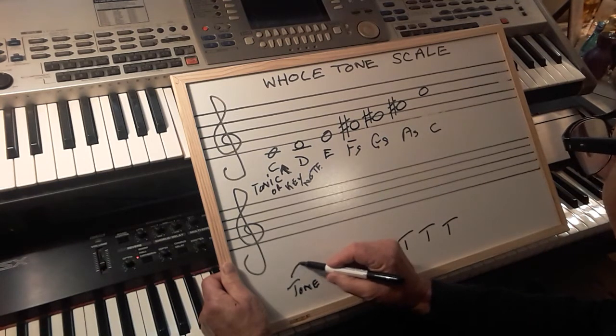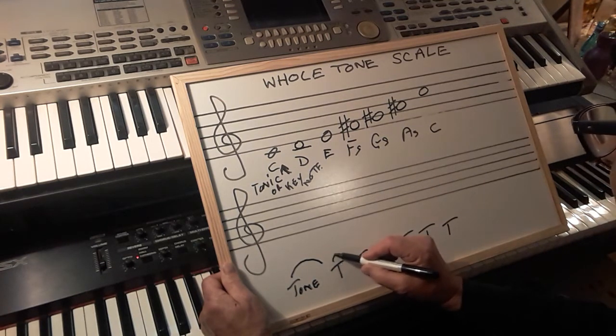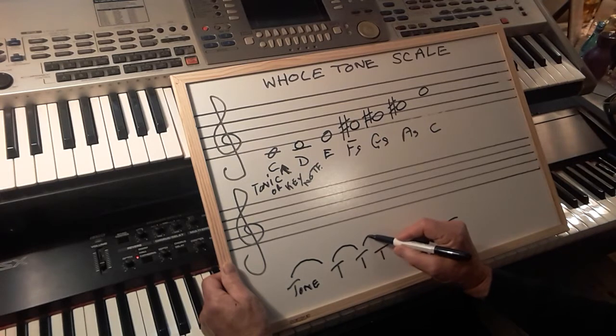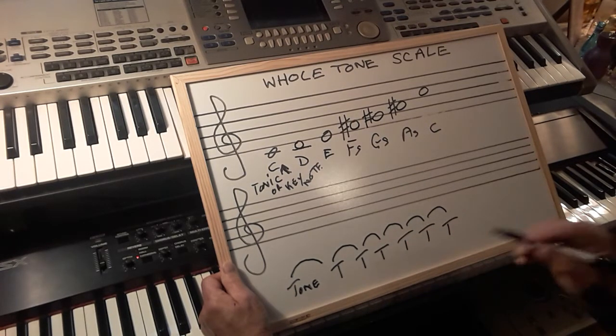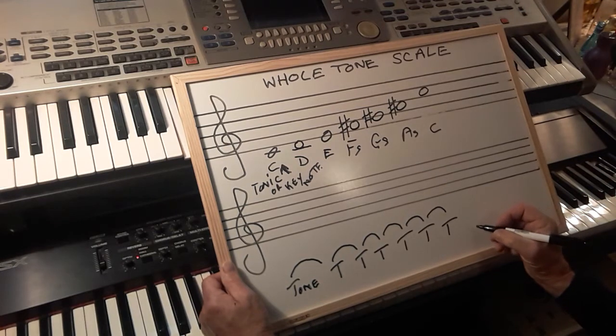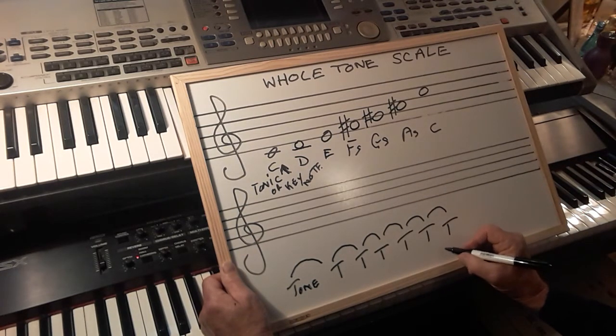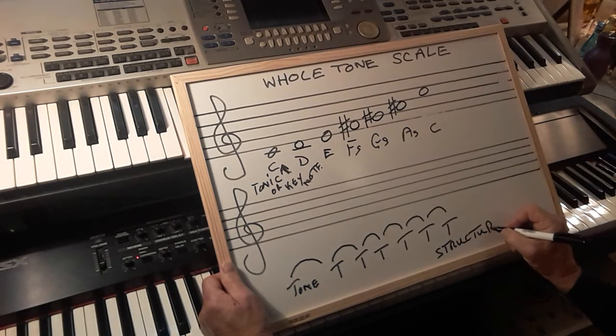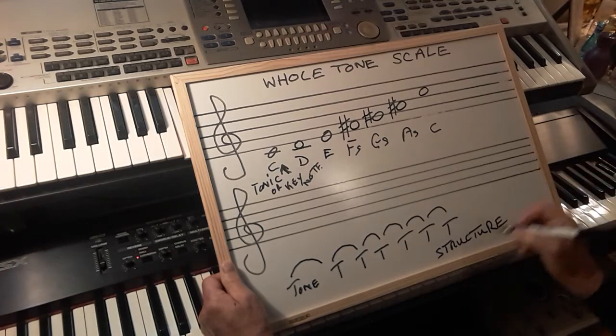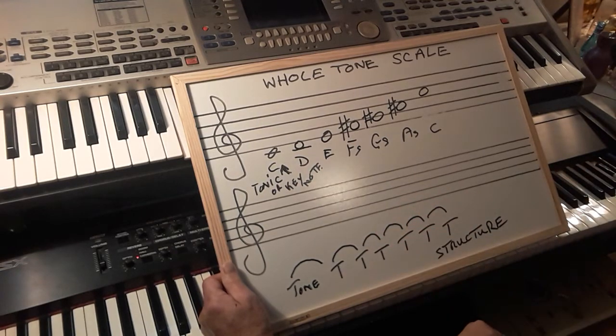From there to there is a tone, and from there to there is a tone. There is a tone, tone, tone, tone. That is the structure. That's the structure of the whole tone scale.